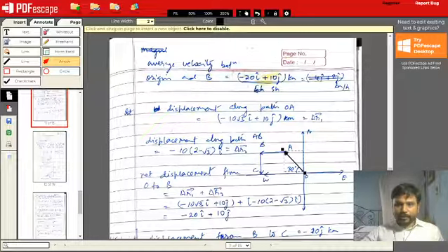Then we travel along the west direction, and then along the south direction. So let us ascertain what these vectors are.